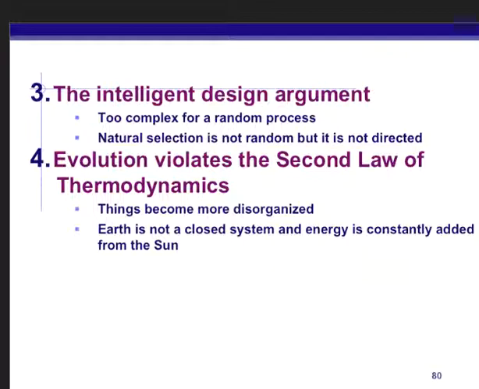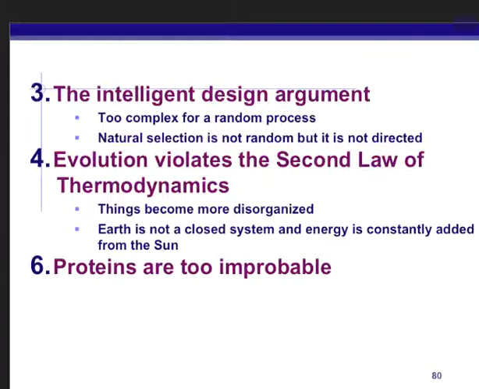The answer to that is that the Earth is not a closed system. If it were a closed system, things would become disorganized, but energy is constantly being put into the system from the sun. And so that means that we're not violating the second law at all.